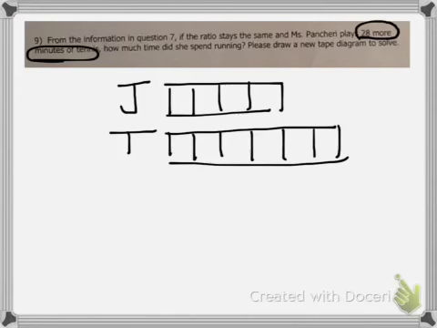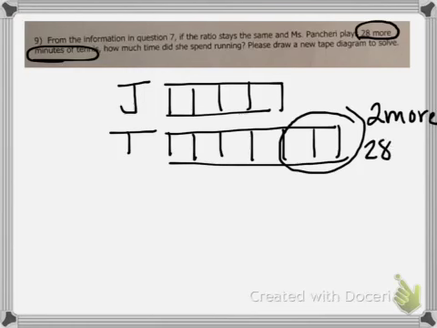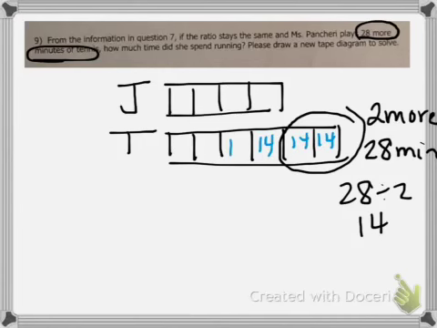So I'm looking at the extra boxes of tennis that we have, and we have 2 more boxes here. And that represents 28 minutes of tennis. So 28 divided by 2 gives us 14 minutes, and that's going to go inside each box. 14.